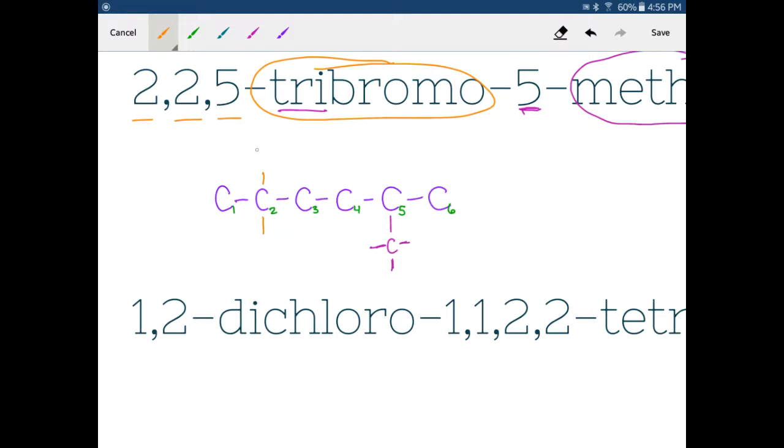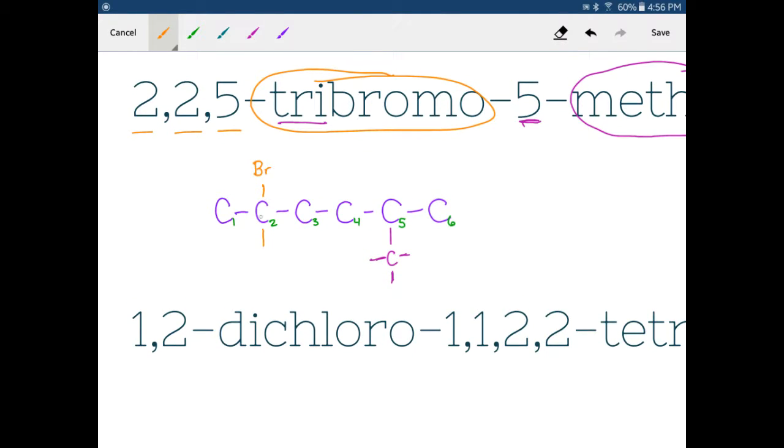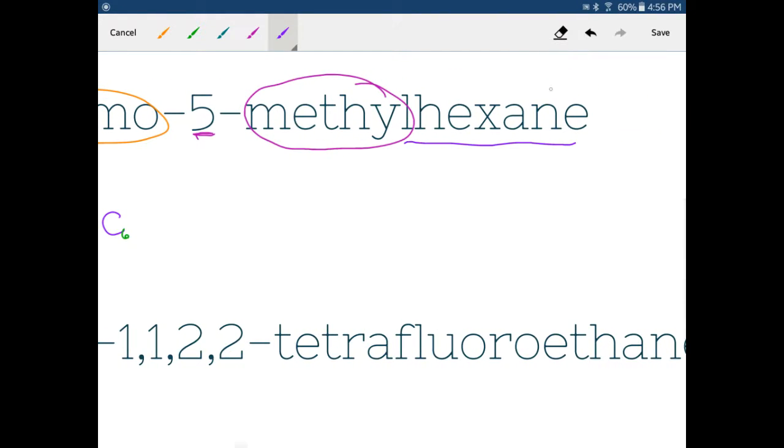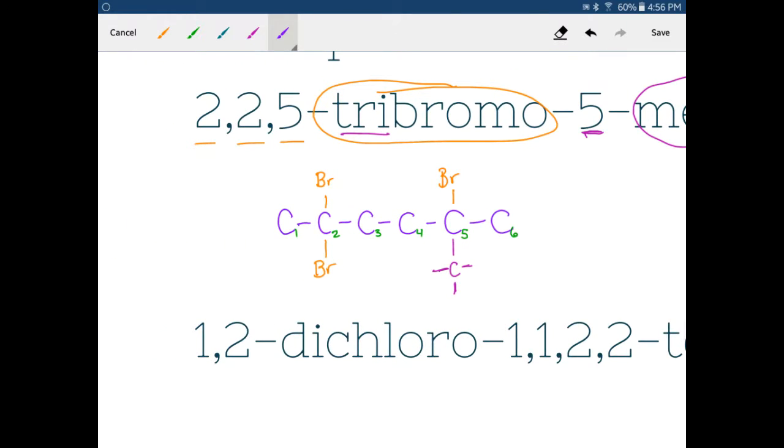This is identified by a Br and a Br. For 2, 2, 5, I need another one on my 5. So I have 3 bromines: 2 on my second carbon and 1 on my fifth, with my 5-methyl group also coming off my fifth carbon in the chain. Then, because it's an -ane, we have a saturated hydrocarbon, so I'm going to fill this up with hydrogens.